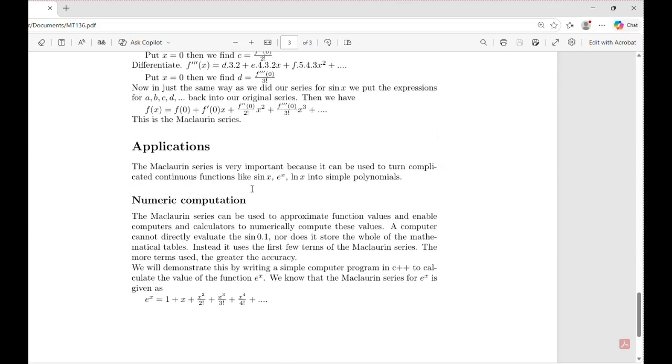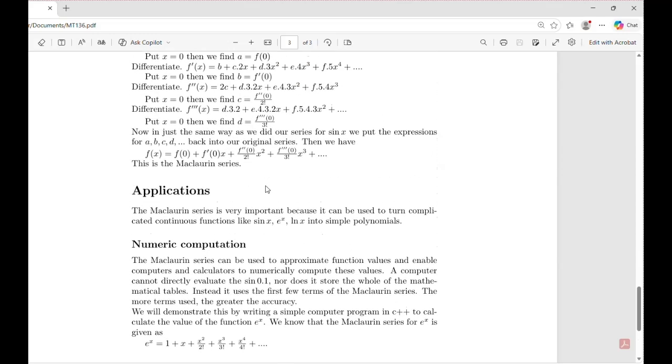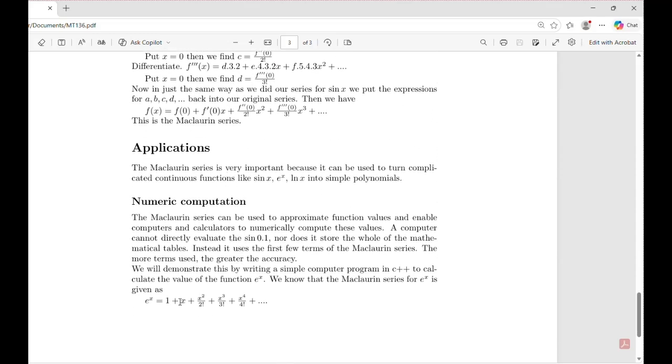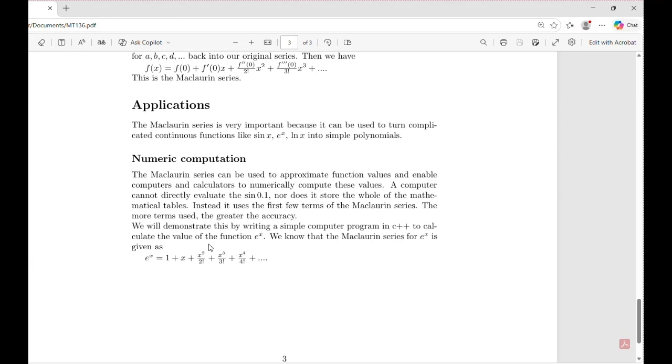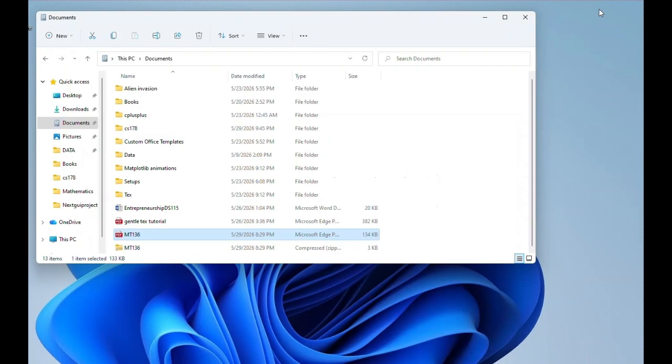You can use the Maclaurin series obtained above to find the Maclaurin series representing the function e of x. And then in turn we'll use this series to program a computer to find e of x. That will be our next task, to show the application of the Maclaurin series.